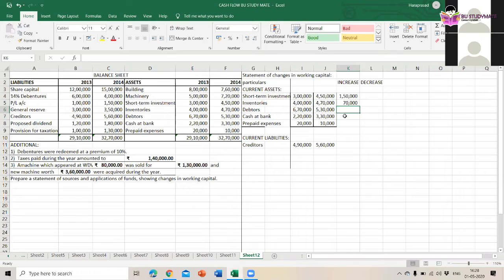Decrease in current assets, decreases in the working capital. Then here in the current liabilities, creditors is there. It is increasing. Increase in current liability, decreases in the working capital.